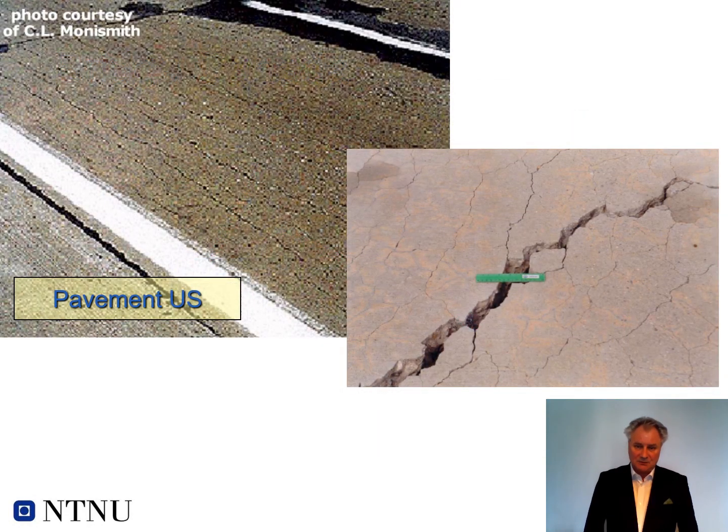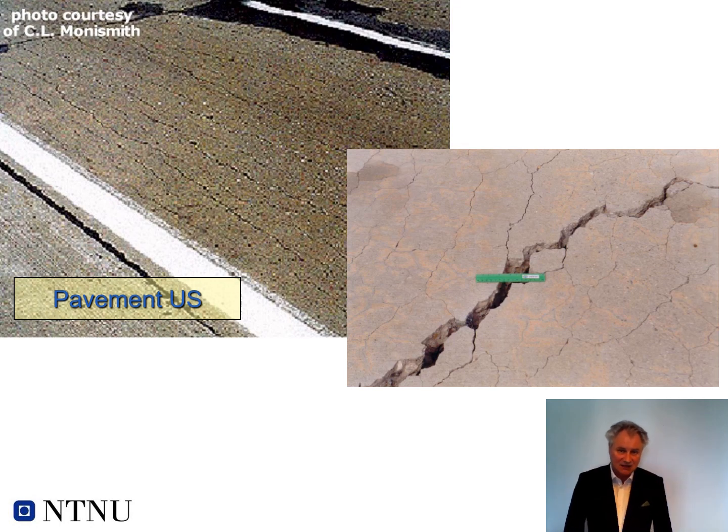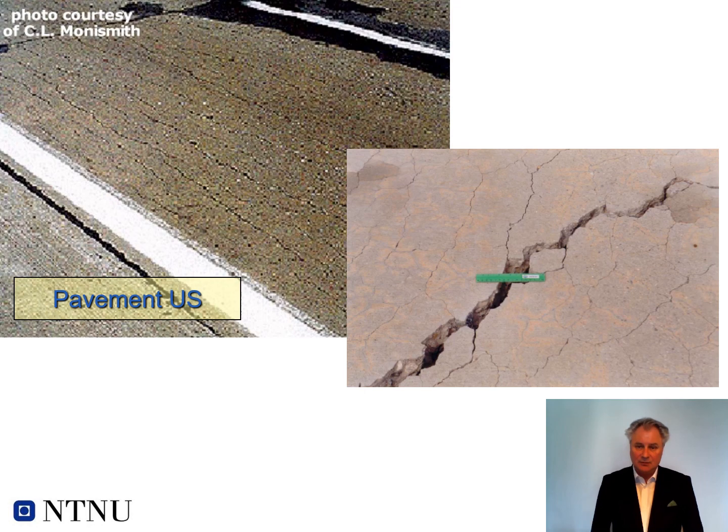There are also problems with pavements, in this case pavements in the US. Pavements both in airfields but also in roads. In airfields it's very critical because when the airfield is starting to crack up, there will be some loose parts, and concrete pieces that could be sucked into engines of airplanes and so on.